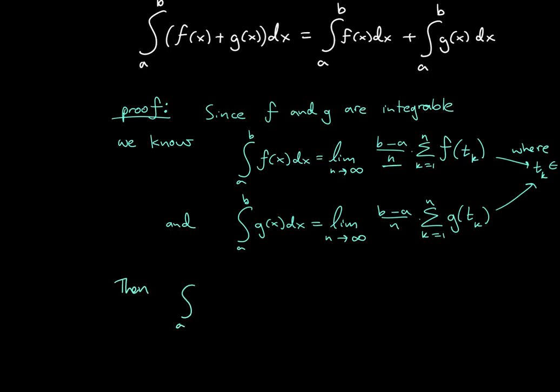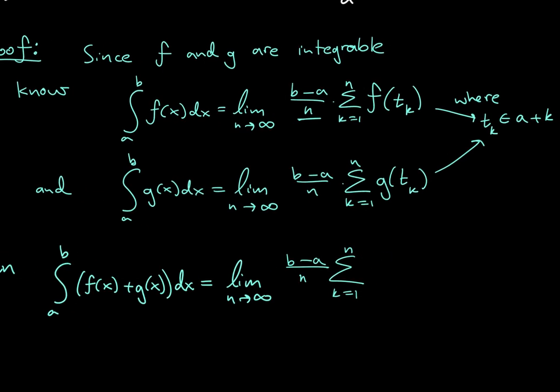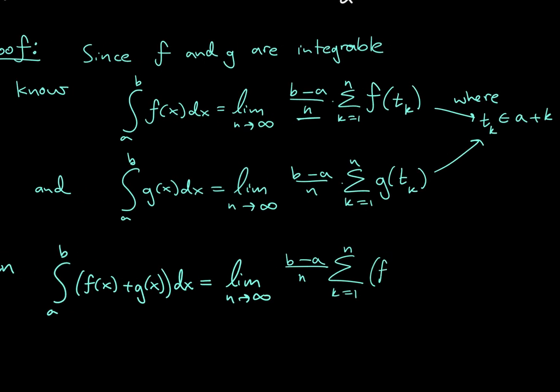What is this object? The integral from a to b of f of x plus g of x dx. That is, by definition, the limit as n approaches infinity of (b minus a)/n times the sum of f of t sub k plus g of t sub k.